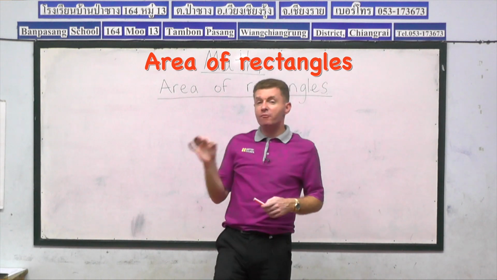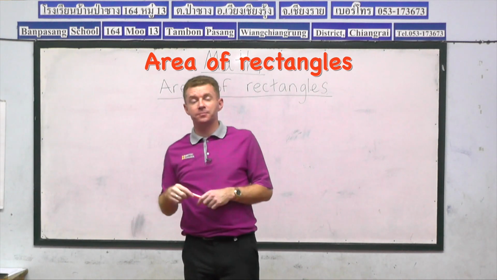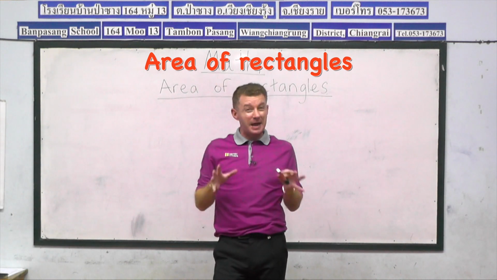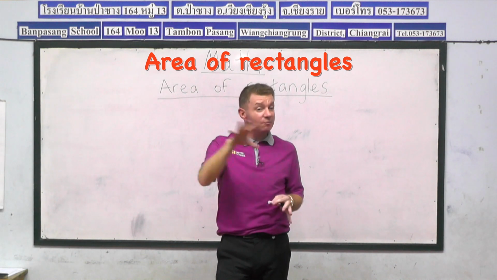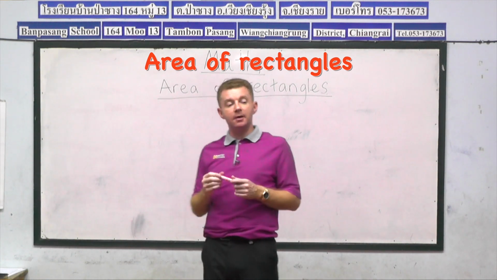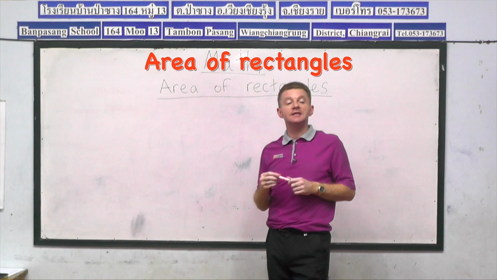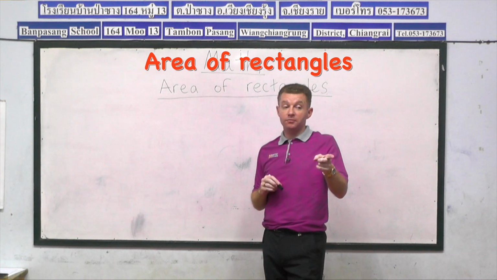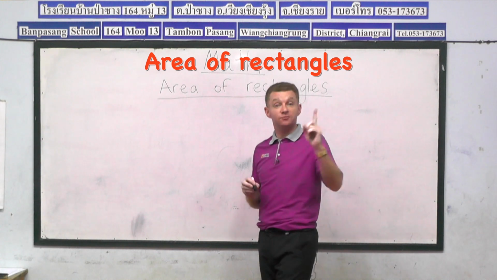Now remember, we previously learned about perimeter. Perimeter is the distance around a shape, but area is greater. Area refers to the total surface. Now, can anybody remember how do we calculate the area of a rectangle? Length times width.